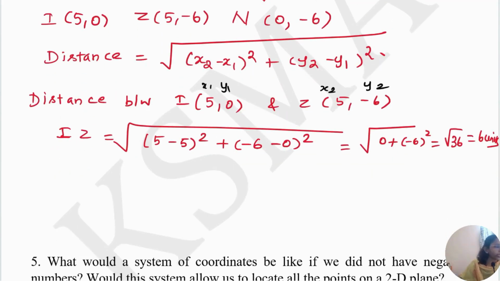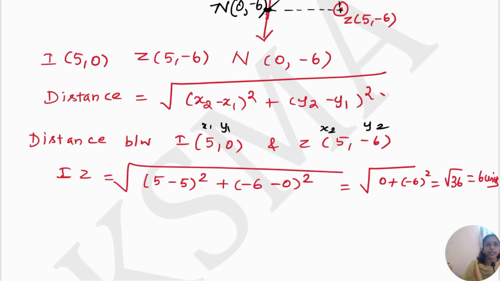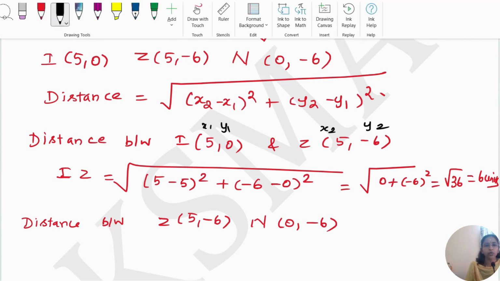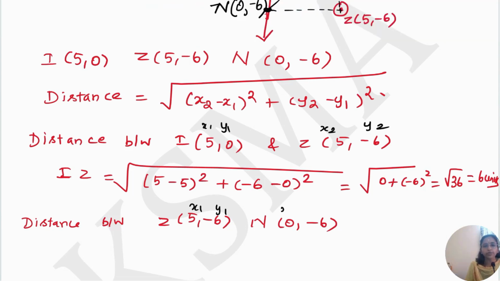Next, you have to take the other side, Z and N. Now find the distance between Z, which is (5, -6), and N, which is (0, -6). Mark your x1, y1, x2, y2; that will make it easy to substitute your values in the formula.